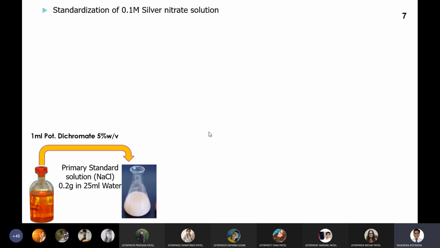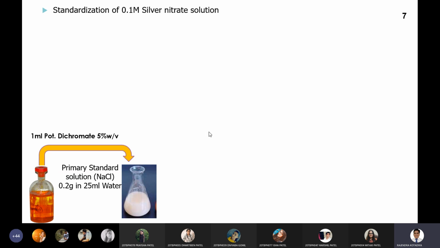So at this point in the conical flask you will find 25 ml NaCl solution containing 0.2 gram of NaCl, along with potassium dichromate as an indicator as well.